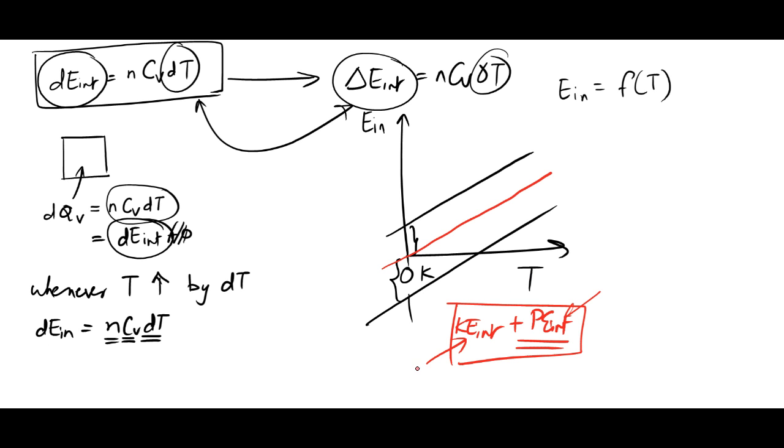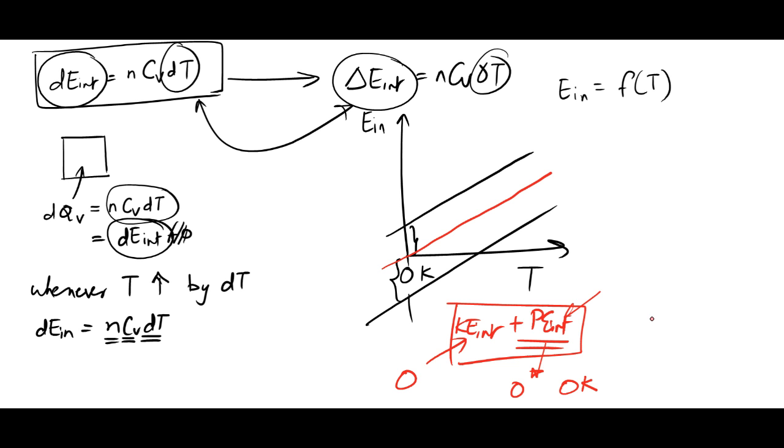So in other words, at 0 Kelvin, you know for a fact that in classical physics, the microscopic kinetic energies of the gas molecules turn out to be 0. So all you have to do is to define that the internal potential energy of the molecules of the gas is equal to 0 when the temperature is 0 Kelvin.